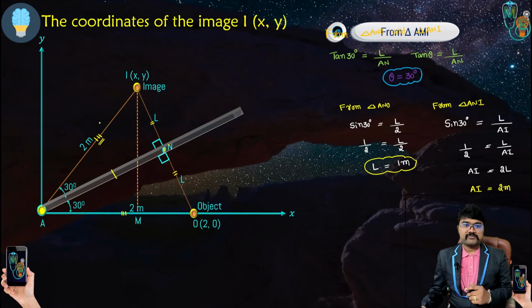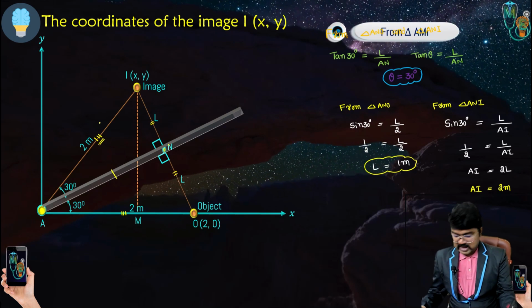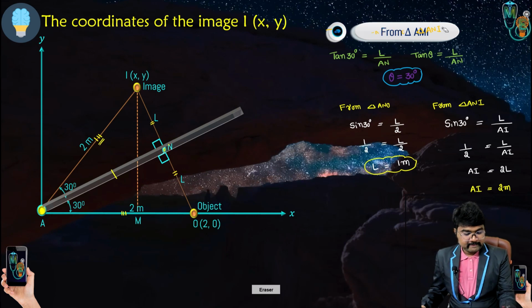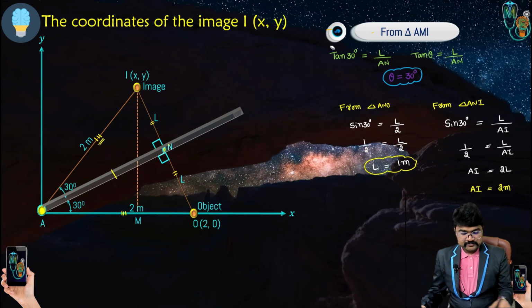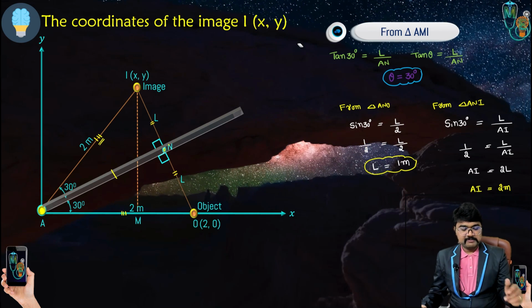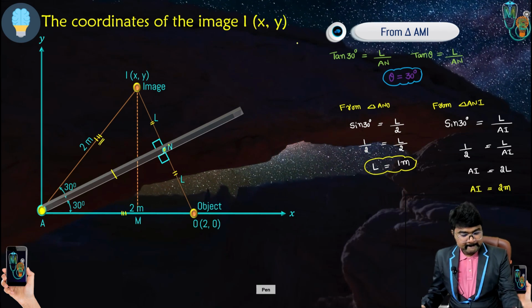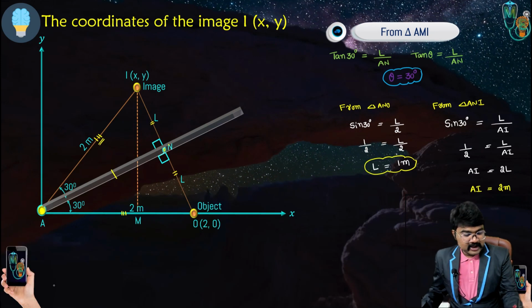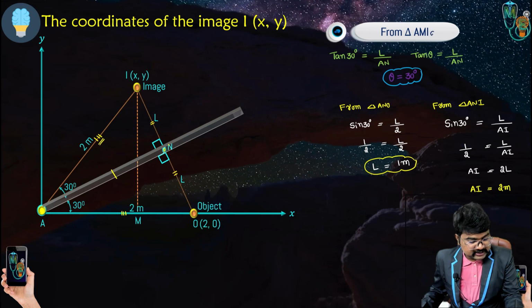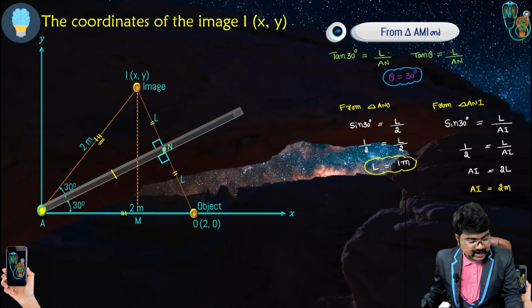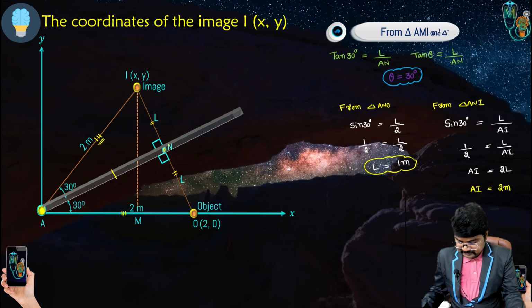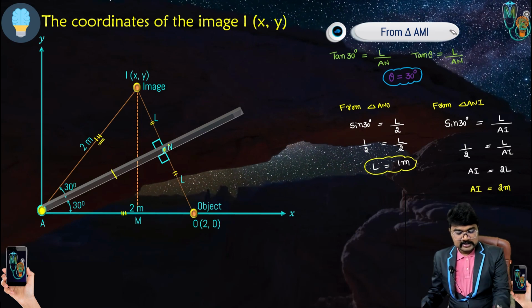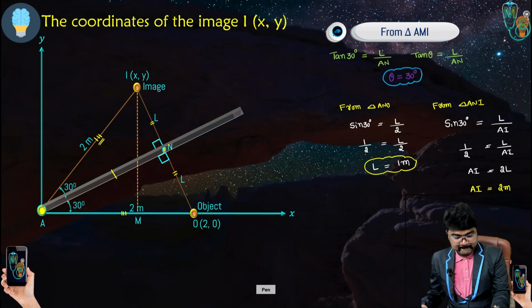This would be from triangle AMI; we need to calculate from triangle AMI.